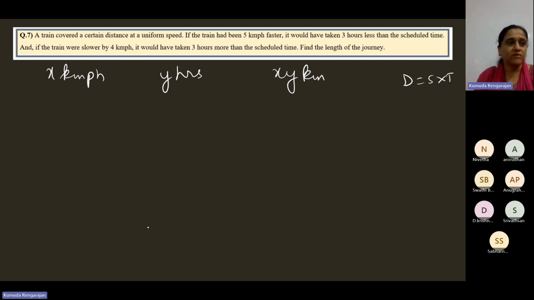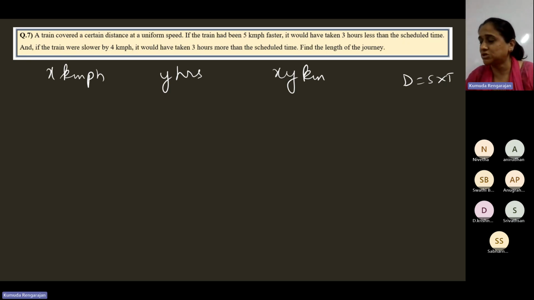If you increase your speed, you'll take less time. If you decrease your speed, you'll take more time. But the distance between the two places is going to be xy always. That is not going to alter. You can alter speed, and speed and time will alter, but distance will be the same. So speed and time are inversely proportional. More speed, less time. Less speed, more time.